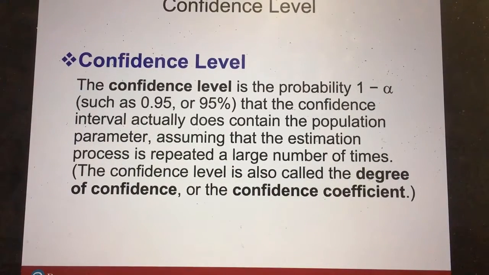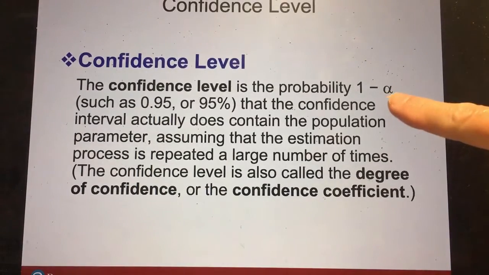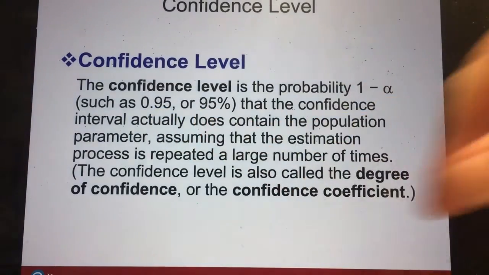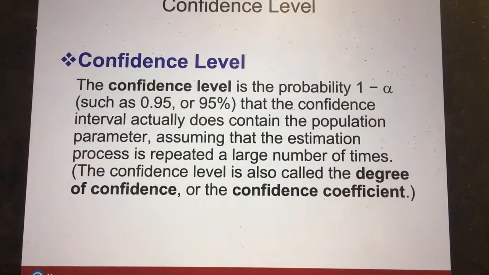The confidence level is the probability 1 minus alpha, such as 0.95 or 95%, that the confidence interval actually does contain the true population parameter, assuming that the estimation process is repeated a large number of times. The confidence level is also called the degree of confidence, or the confidence coefficient.